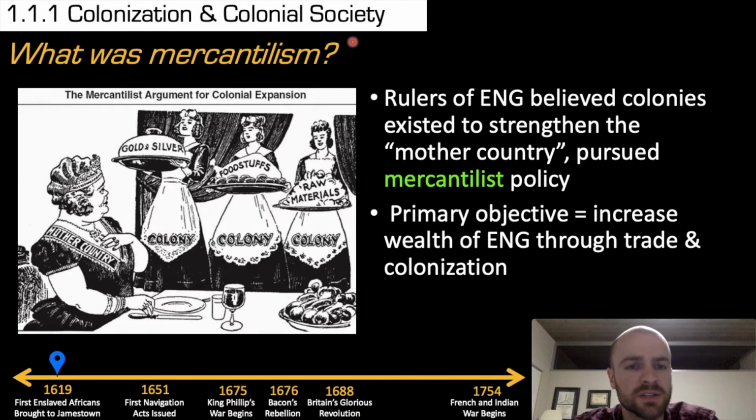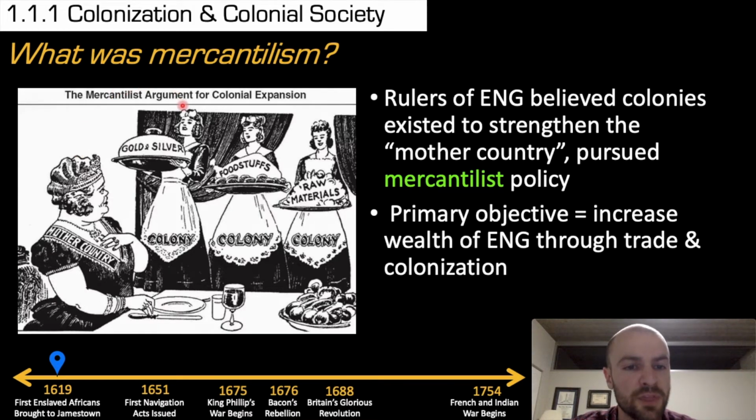Let's jump into mercantilism. I defined it earlier, but let's give you some concrete examples of how this worked in the 13 colonies. The rulers of England believed that the colonies existed to strengthen the mother country and pursued this mercantilist policy. If you look over at this cartoon, you have the mother country, here England.